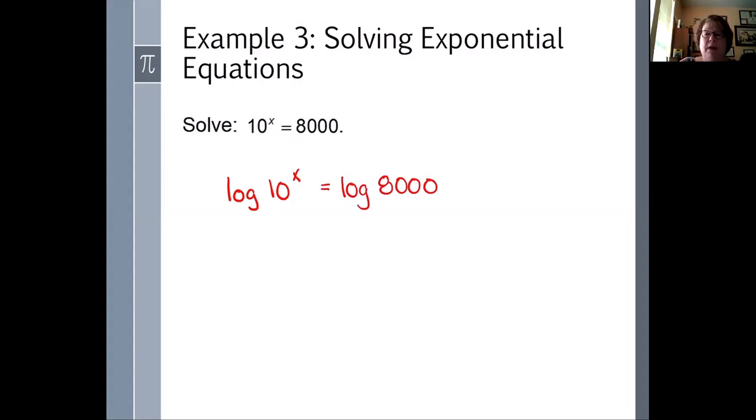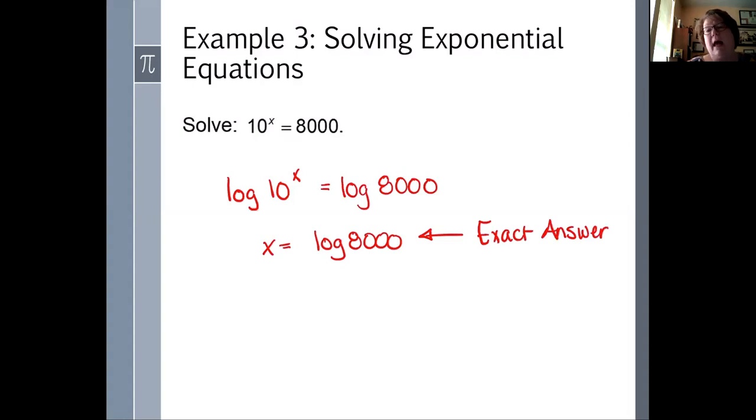So this is, what do you raise 10 to get 10 to the x? Well, this is just equal to x. And that, again, is an exact answer. If I leave it written in terms of the logarithm, that's exact. Now, I could certainly take my calculator out and find a decimal approximation to the log of 8,000, and that's approximately 3.9. So that is my approximate answer.